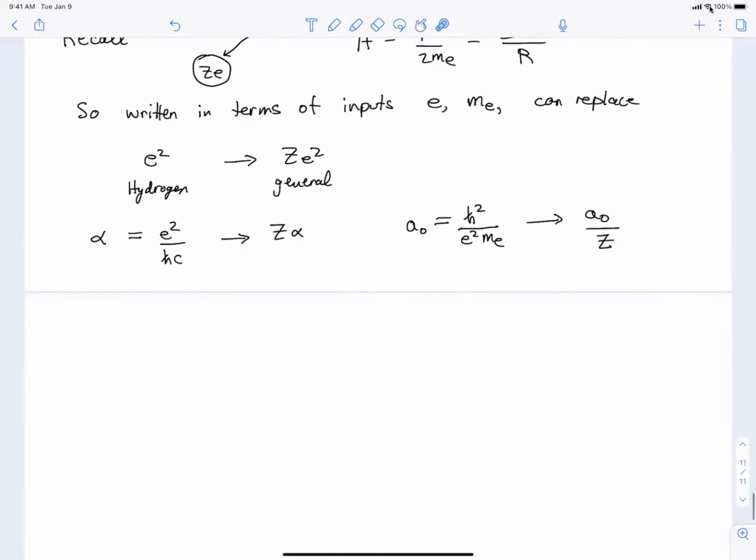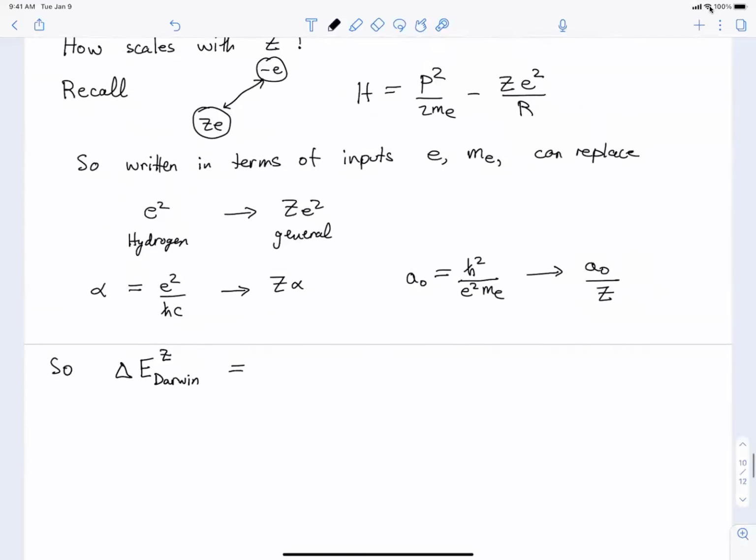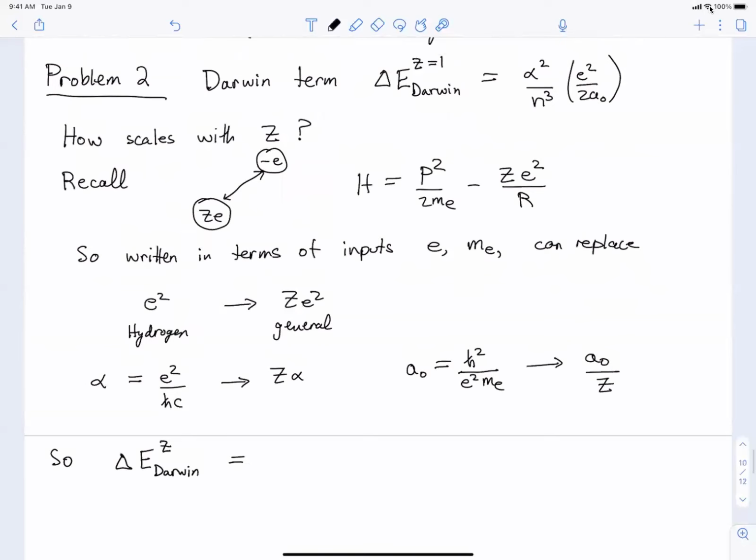And so now we can do this for our Darwin energy. If I write the change in the energy from the Darwin term for a general Z now, we just go back up to this expression and we say, okay, alpha gets replaced by Z alpha, and there's two of them.